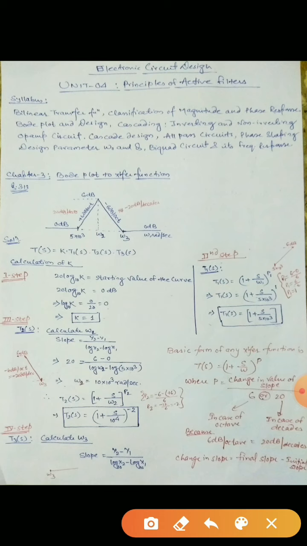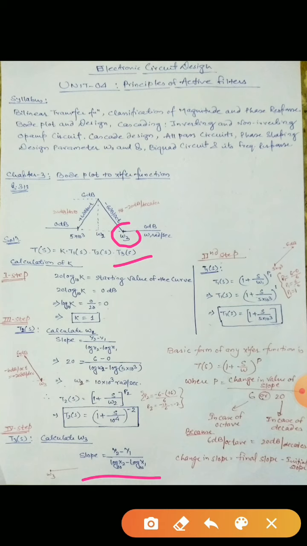Now we are going to calculate the third parameter, T3 of s. For the calculation of T3 of s, the same procedure we are going to repeat here. Here also we do not know the value of omega 3, so first of all we need to calculate omega 3. For that, again I am using the formula: slope is equal to y2 minus y1 divided by log of x2 minus log of x1.